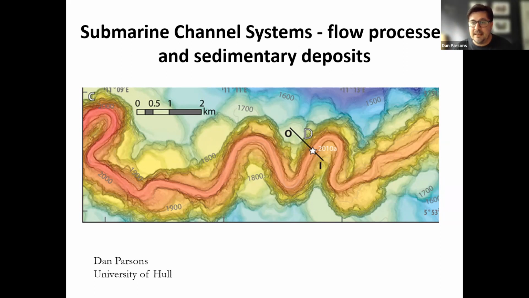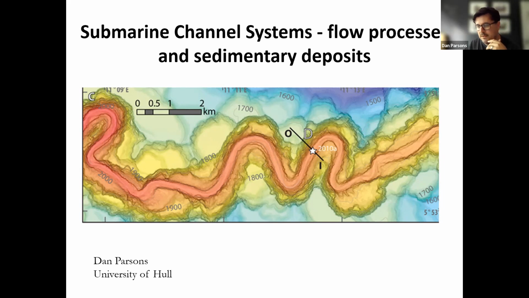The picture here, incidentally, on the background is a picture of the Congo Canyon, offshore of West Africa. And I'll be talking a bit about an ongoing project there, a very exciting project that we have going on at the moment, understanding the flows and the deposits down this huge canyon system in the Atlantic.